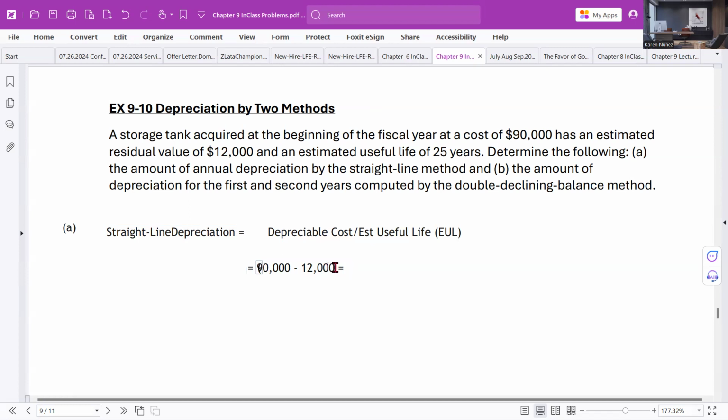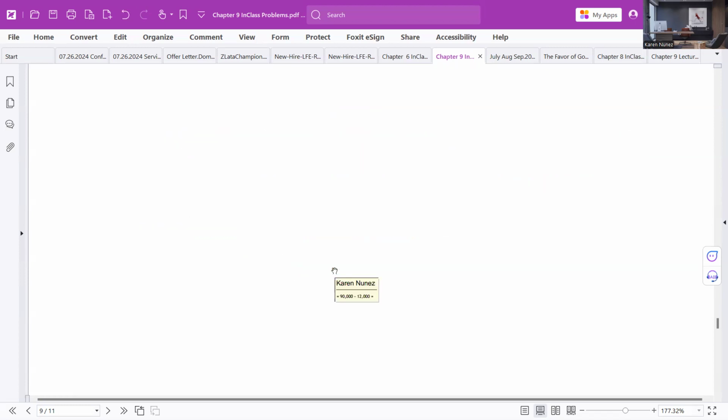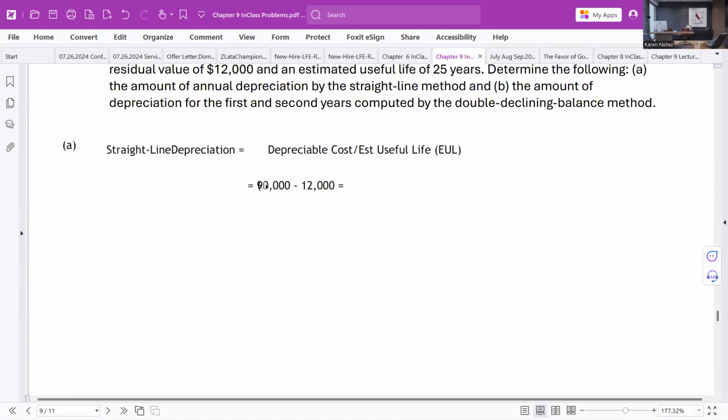And remember this depreciable cost, I put brackets around this. This depreciable cost, we need to be spreading over the estimated useful life. So we have a depreciable cost of 78,000 divided by an estimated useful life of 25 years.